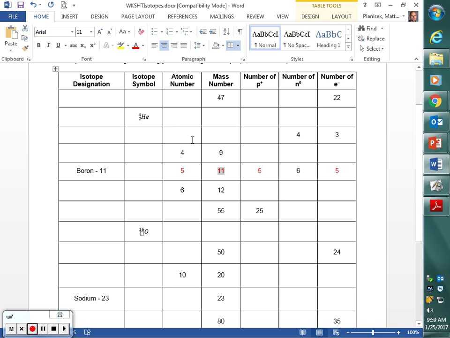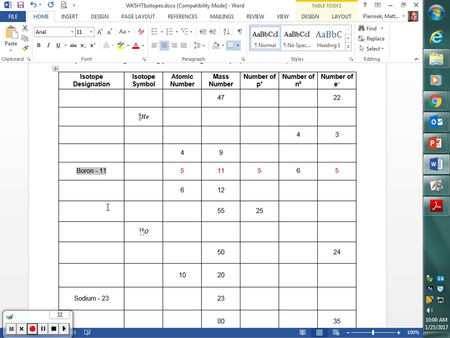But we could have skipped that step just by looking at the name of the isotope. The name of the isotope tells us what kind of an atom it is, boron, but then its mass number, right? That 11 afterwards is the mass number.